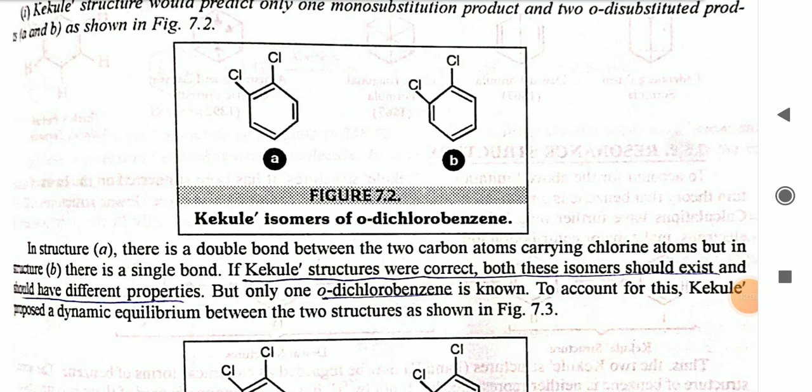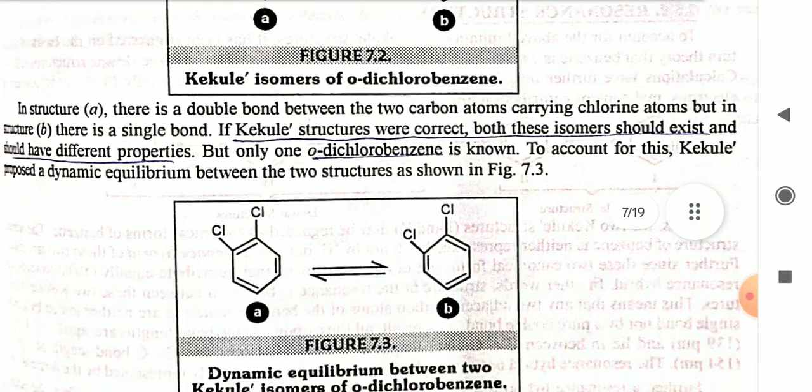If the Kekule structure were correct, both these isomers should exist and should have different properties. But only one orthodichlorobenzene is known. To account for this, Kekule proposed a dynamic equilibrium between the two structures, shown in figure 7.3.